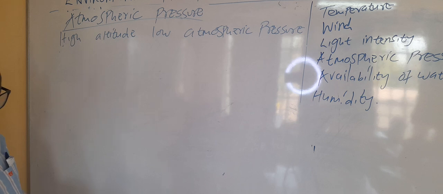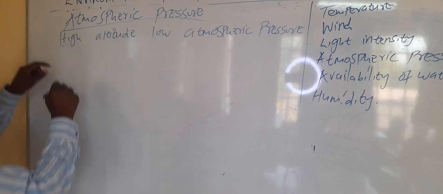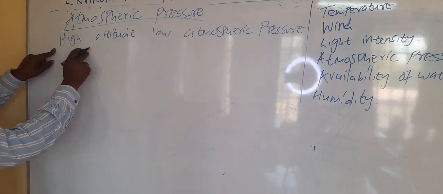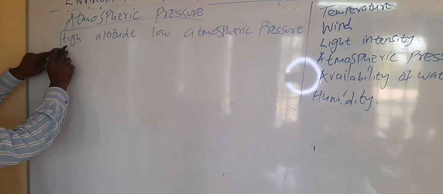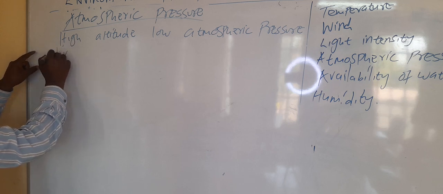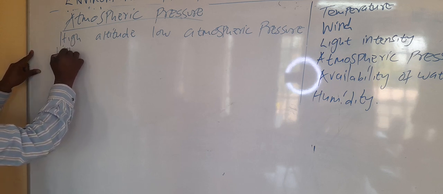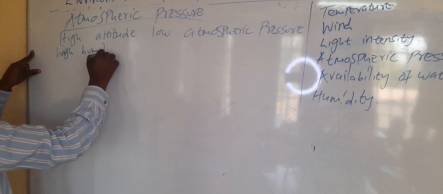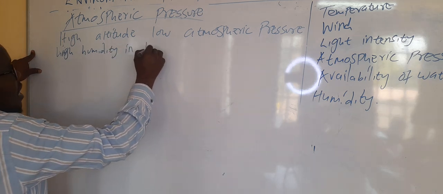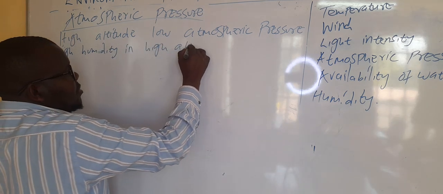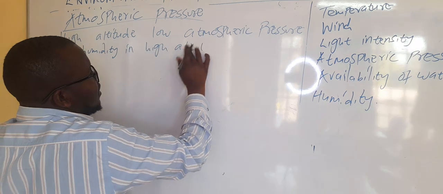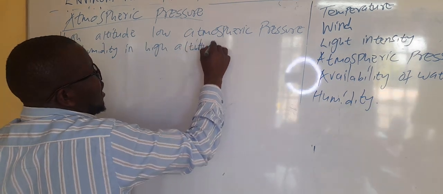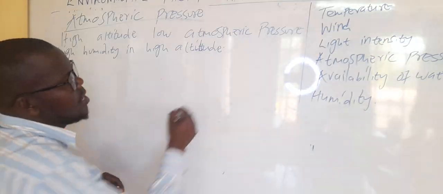Hope you are getting the point. We are speaking about what? In high altitude, humidity is very high. So we have what? High humidity in high altitude. And because of this one, what happens?